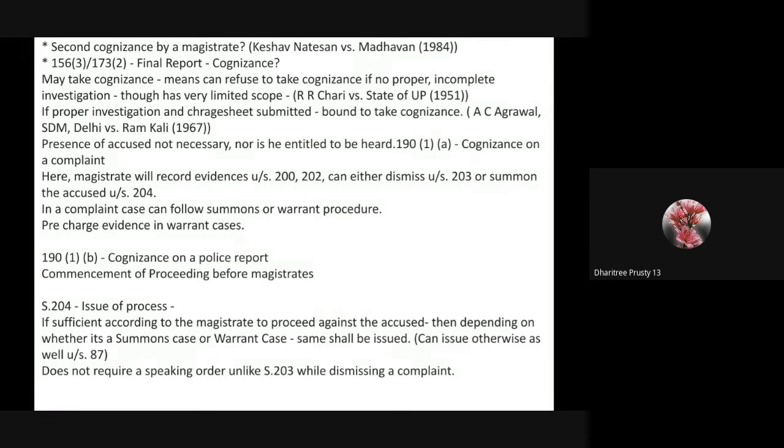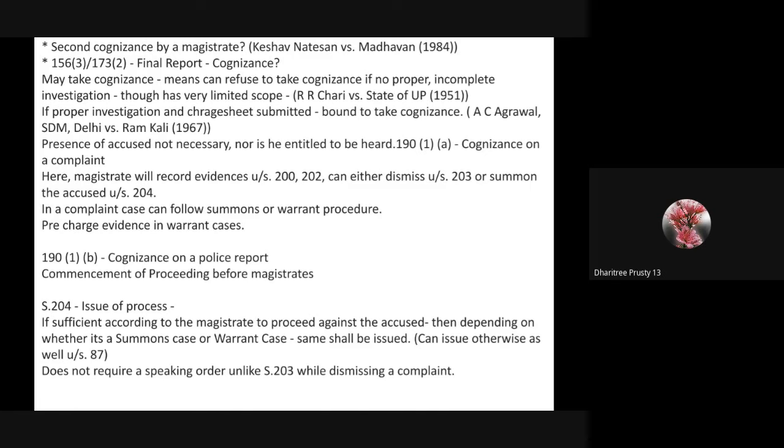So there are two evidences, two opportunities for the accused to cross-examine the witnesses that come before the court to depose against him.